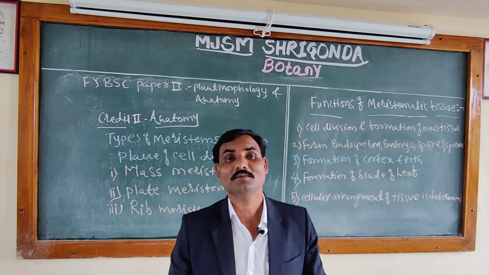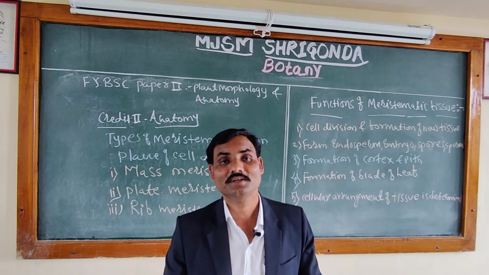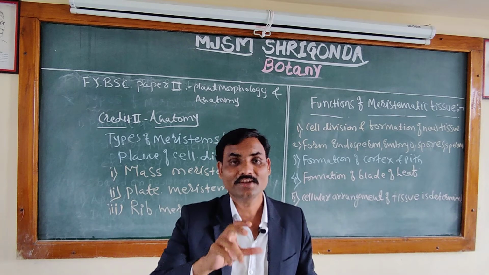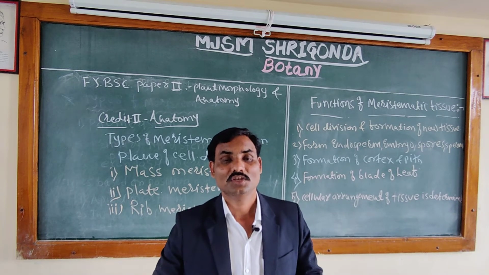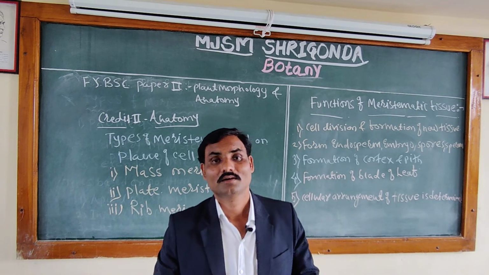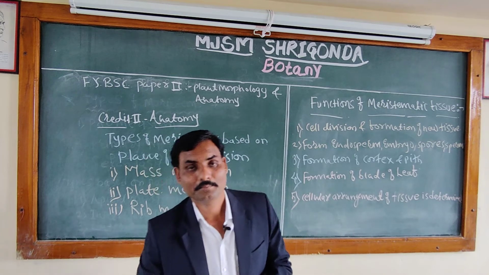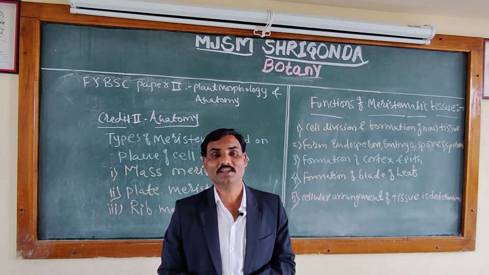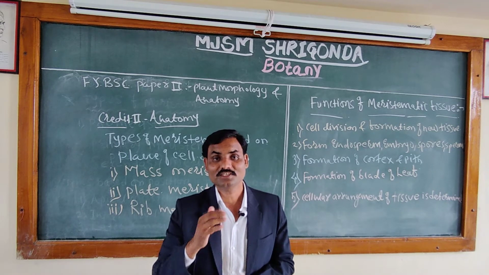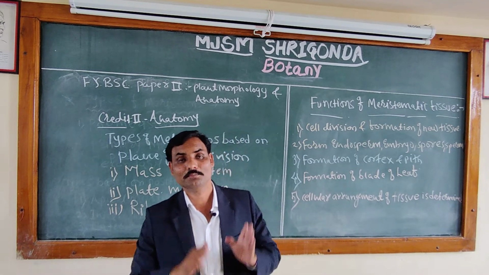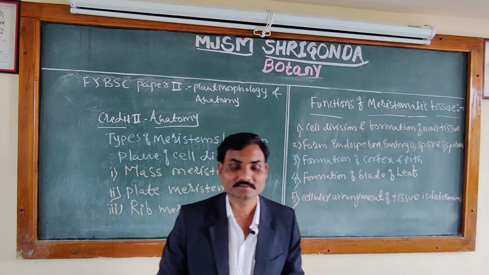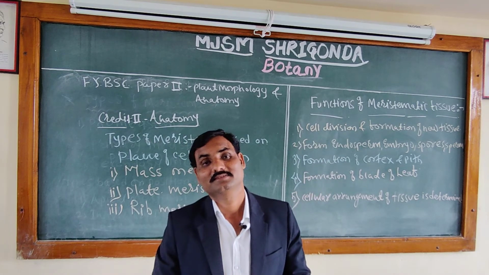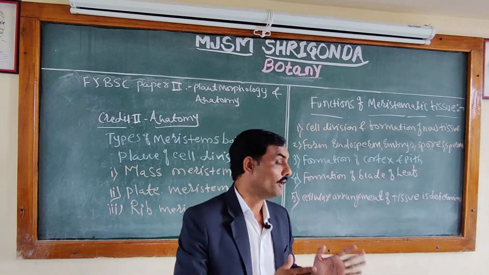We know that meristematic cells are present in apical region, in intercalary region and lateral region of the plant or the organ of the plants, and they possess power of division.